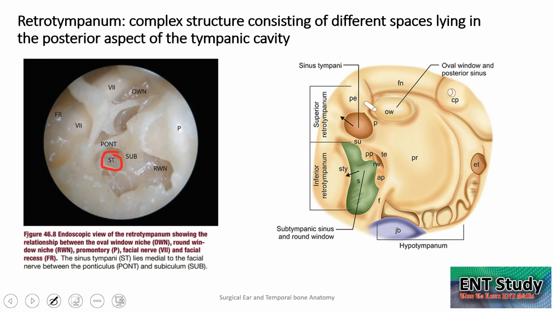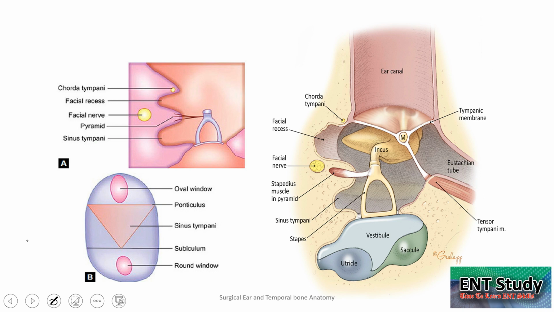So coming towards the retrotympanum, which is the complex structure at the posterior part of the tympanic cavity, the areas that we are interested in are the facial recess and the sinus tympani. This is again an endoscopic view of the retrotympanum. So imagine if you were looking at the tympanic cavities from a superior side.